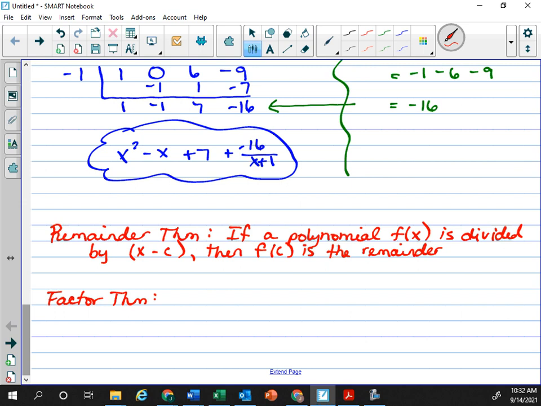A polynomial f of x has a factor quantity x minus c, if and only if, which you can write IFF, f of c equals 0.